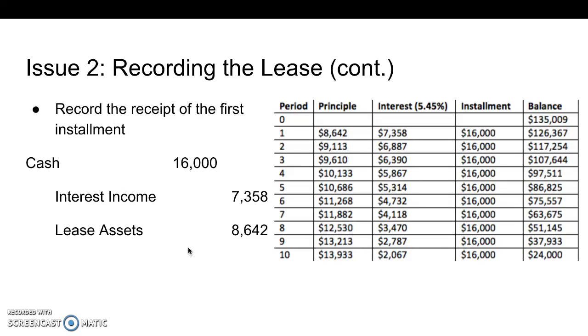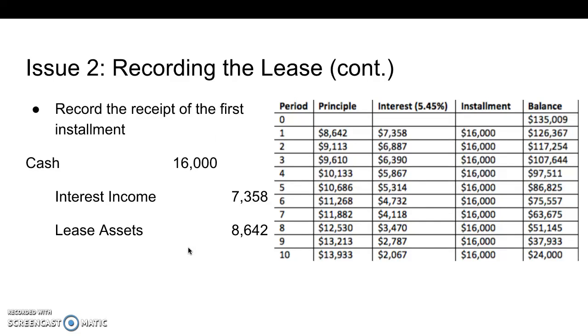Next, you take the difference between the $16,000 installment and the interest income to get $8,642, which is your principal. The journal entry will consist of a $16,000 debit to the cash account and then a $7,358 credit to the interest income, and finally the difference of $8,642 is credited to the account lease assets.